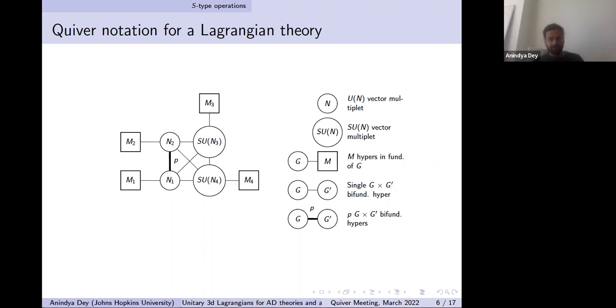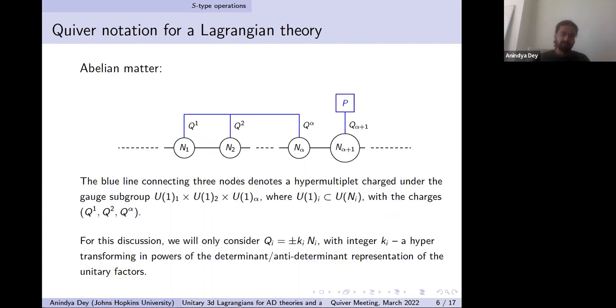The new ingredient that will enter later on in this talk is this blue line, which I call abelian matter. These are hypermultiplets that are charged under the U(1) subgroup of the U(N) gauge groups.